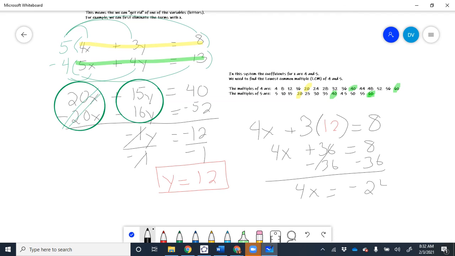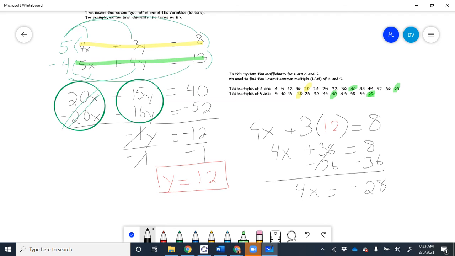And then we're going to divide both sides by 4. And so x will equal, no, that's not right. I think I made a mistake here. Sorry, I did make a mistake. Negative 36 and 8 is negative 28. Sorry.